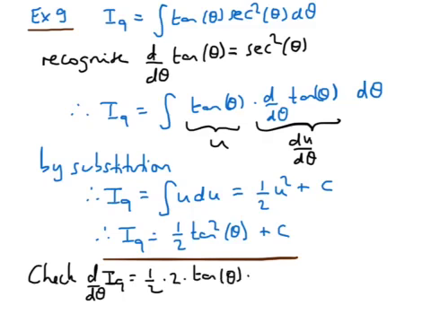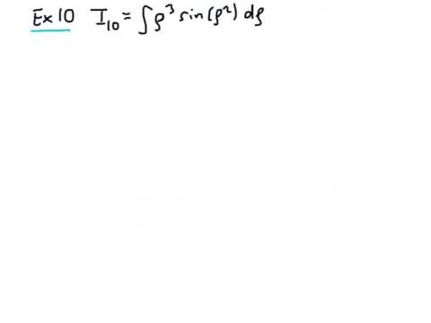And then we multiply this from the chain rule by the derivative of the tangent of theta with respect to theta, and that is sec squared theta. And we see immediately that the 1/2 and the 2 cancel, and what we are left with is our original integrand, so therefore we have indeed correctly calculated the integral. With that we can move on to the next exercise.